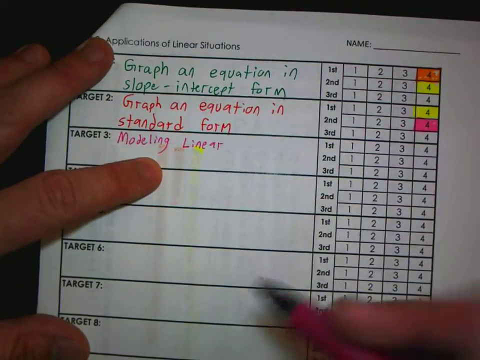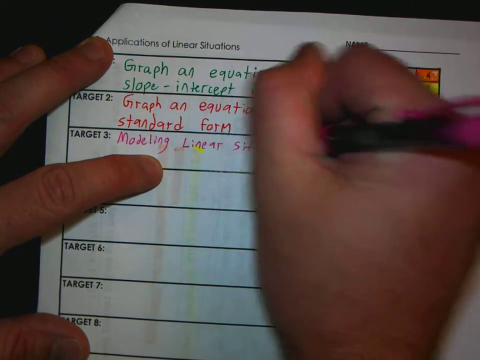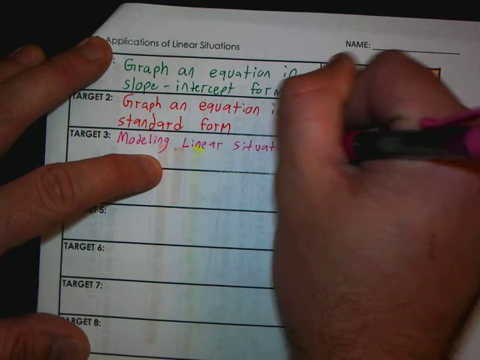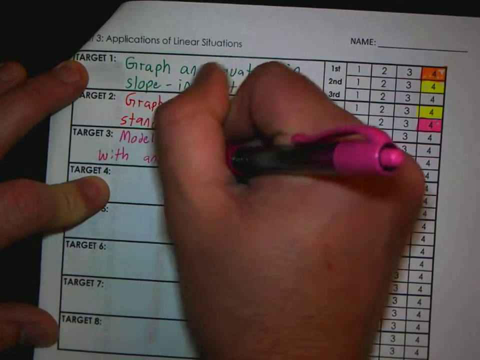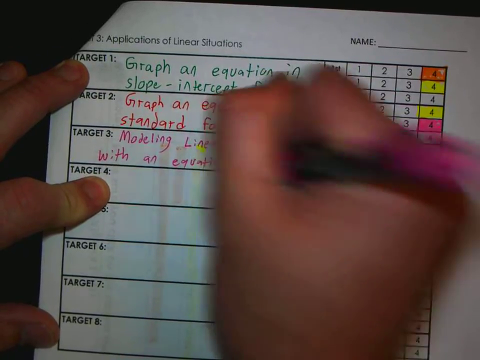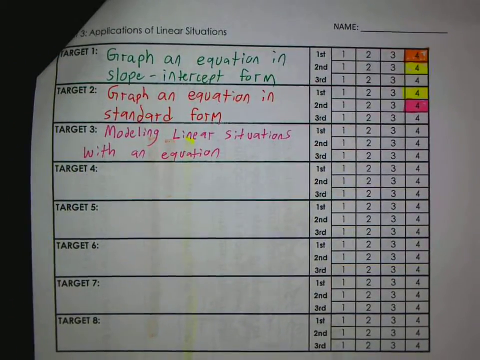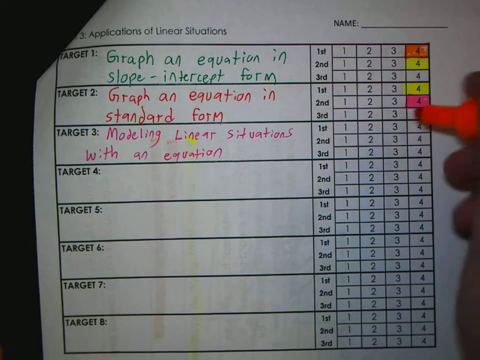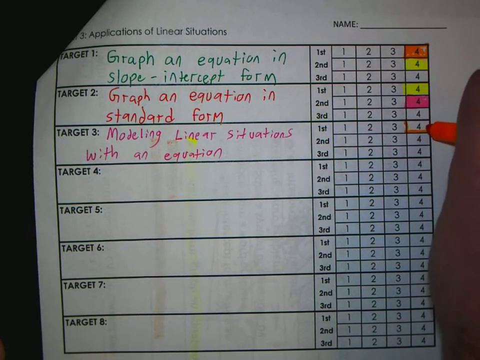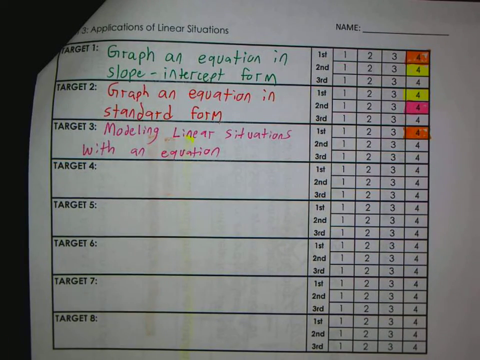Model linear situations with an equation. So modeling linear situations with an equation.